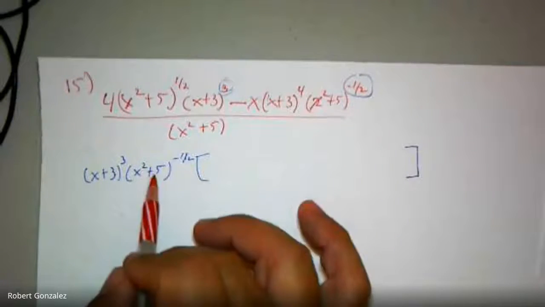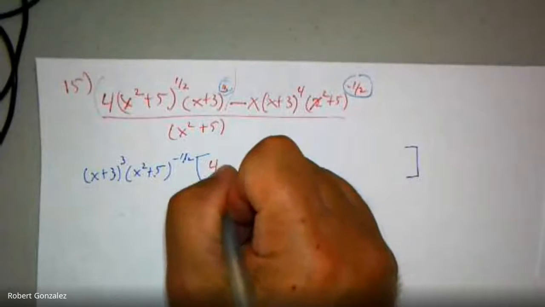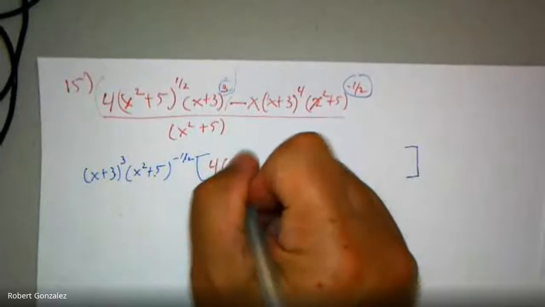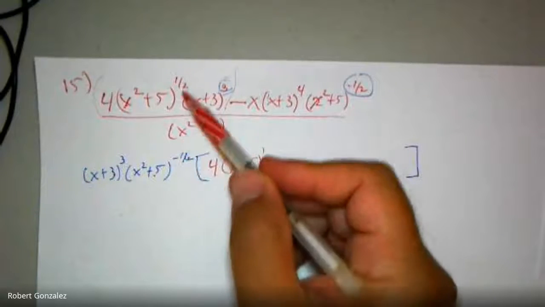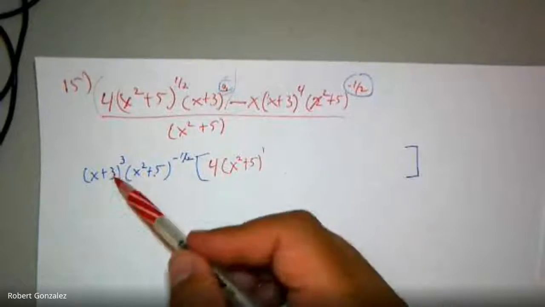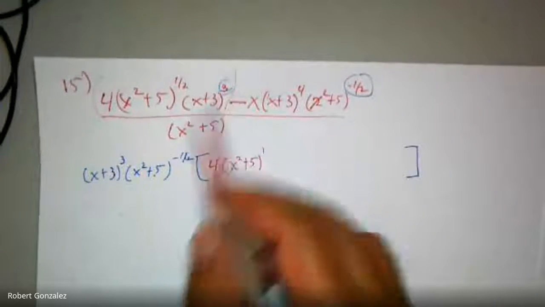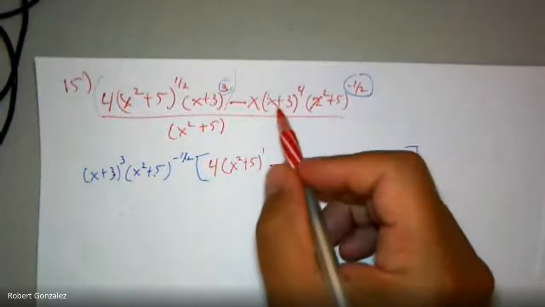When I divide these out of this term here, I'm left with 4. I'm left with x squared plus 5 to the first, because when I divide this out of there, I get 1/2 minus negative 1/2. And the 3 and the 3 cancel out. X plus 3 cubed cancels with that. Over here, I'm going to get x.